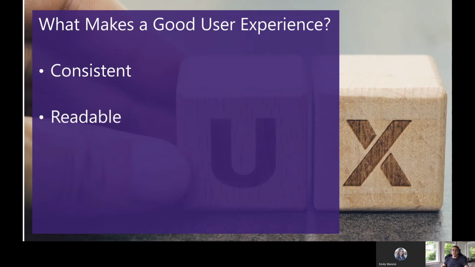The next thing is making sure that it's readable. And there's a lot of talk about readability, especially as you start talking about responsive design. It's important to make sure that your type size is visible. Back in the old days when I started doing this kind of work, the designers were very big on making type that was 10 or 11 or maybe even 12 pixels.